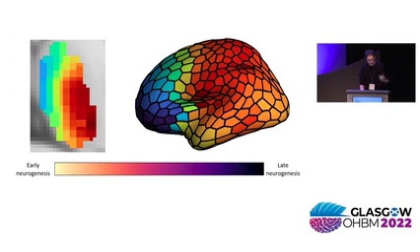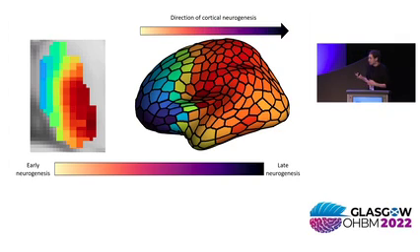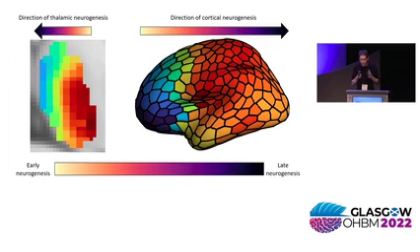In the cortex, neurogenesis begins in anterior regions and progresses to posterior regions, and in the thalamus, it begins in lateral regions and progresses to medial regions. So this suggests the properties of these gradients potentially emerge due to this early developmental event. It's also interesting to note that regions in the thalamus which begin neurogenesis first connect to regions in the cortex which begin neurogenesis last. So this suggests there might be some interplay between the timing of development which causes these thalamocortical circuits to emerge.